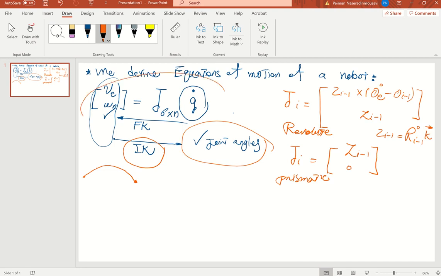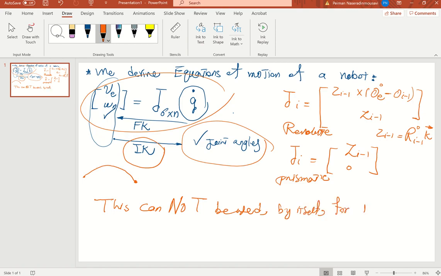But this Jacobian relation cannot be used by itself for deriving the dynamics of a robot.